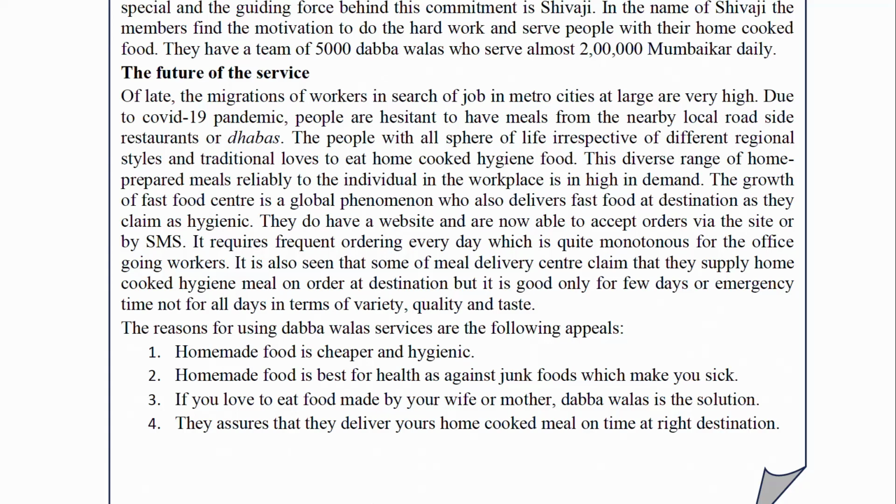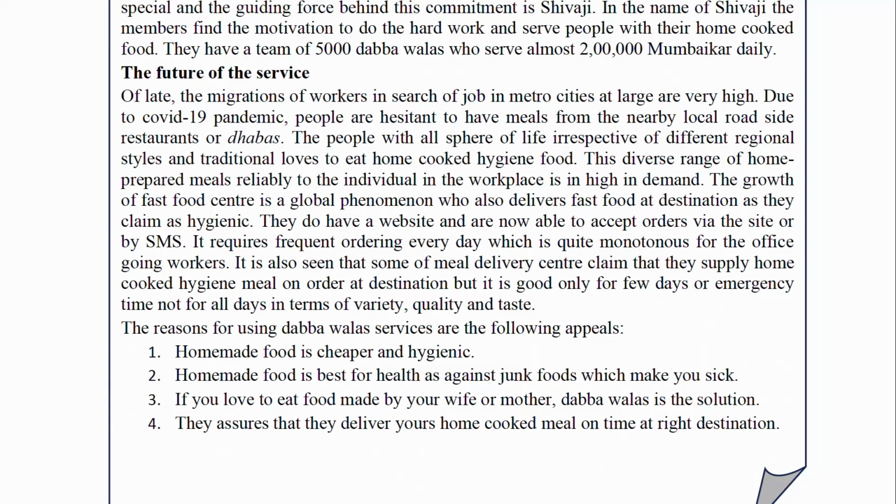The growth of fast food centers is a global phenomenon, and they also deliver fast food at the destination, which they claim is hygienic. They do have a website and are now able to accept orders via the site or by SMS. It requires frequent ordering every day, which is quite monotonous for office-going workers.